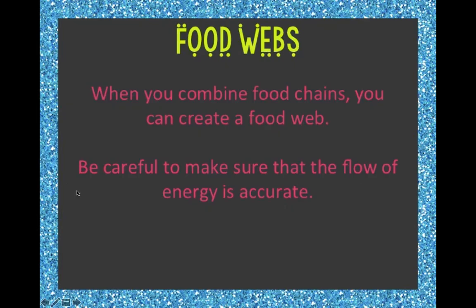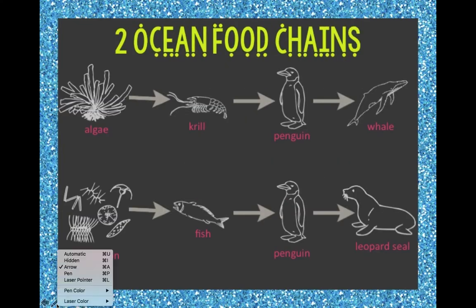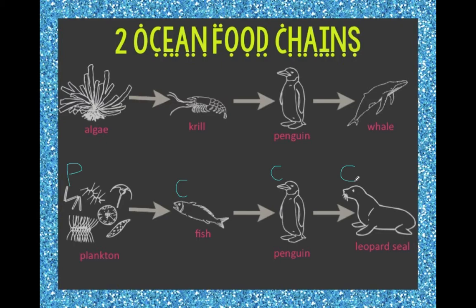Oh, whoops, forgot to turn on my pen. Plankton are producers. They use sunlight to grow. But then we have fish that consume the plankton, penguins that consume the fish, leopard seals that consume the penguins.